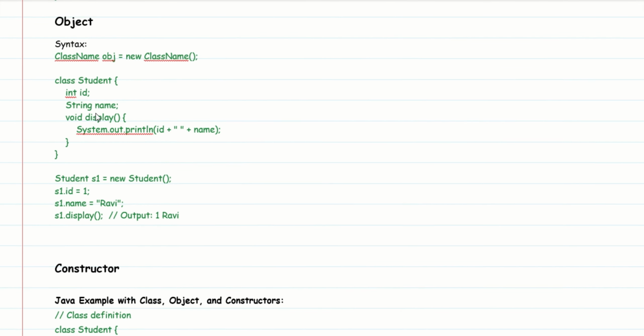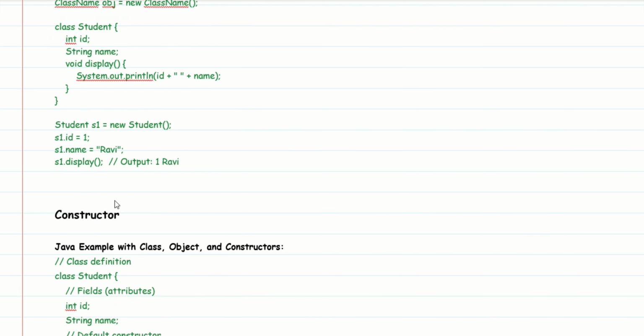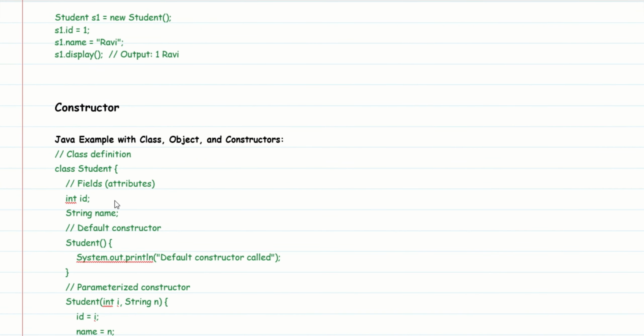Instead of initializing variables separately, we can use a constructor. A constructor is a special method that gets called when an object is created, and it is used to initialize the object. There are some rules: the constructor should have the same name as the class, and it should not contain any return type.